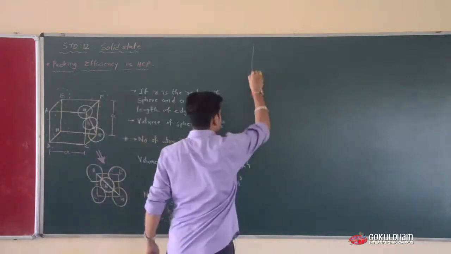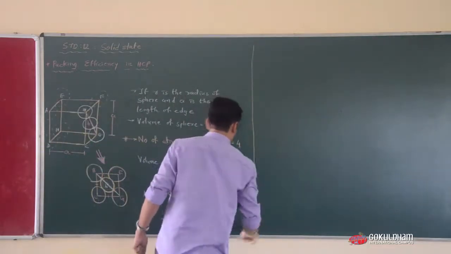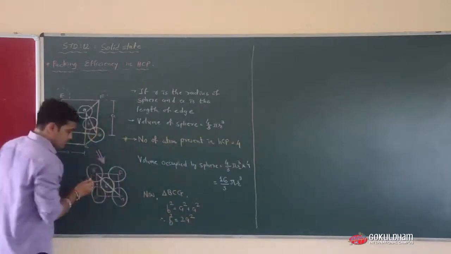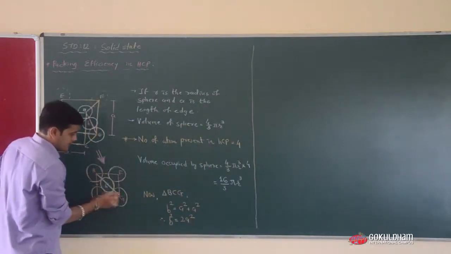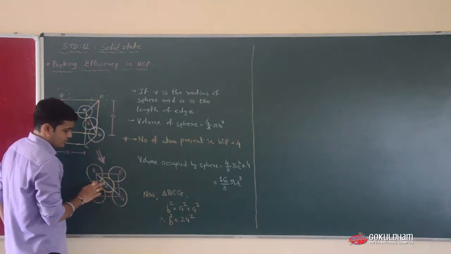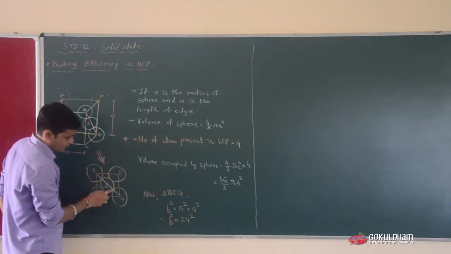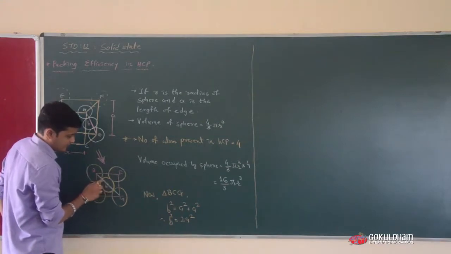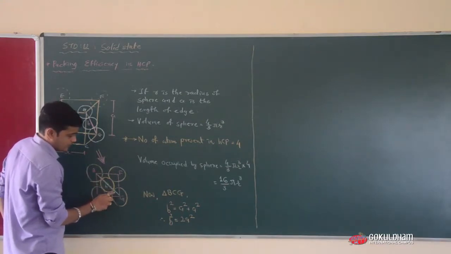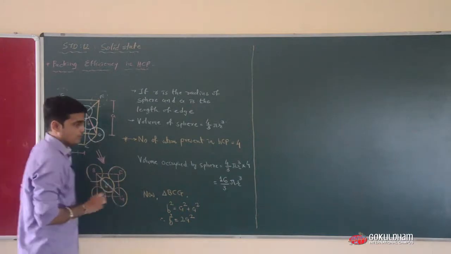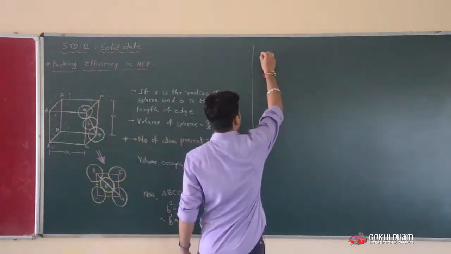Now we know this diagonal BG consists of 4 radii. This is the first one, 2 radii of a center sphere, and the fourth one is from the outer side. So 1, 2, 3 and 4, 4 radii are there.